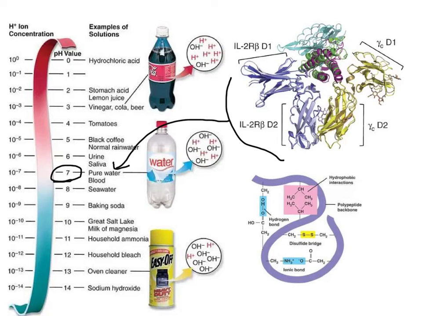A pH of 7 is considered neutral and was originally based on pure water. What that means is if we had a really fine microscope where we could look at the atoms and molecules inside the water solution, we'd see one hydrogen ion floating around every 10 million water molecules.